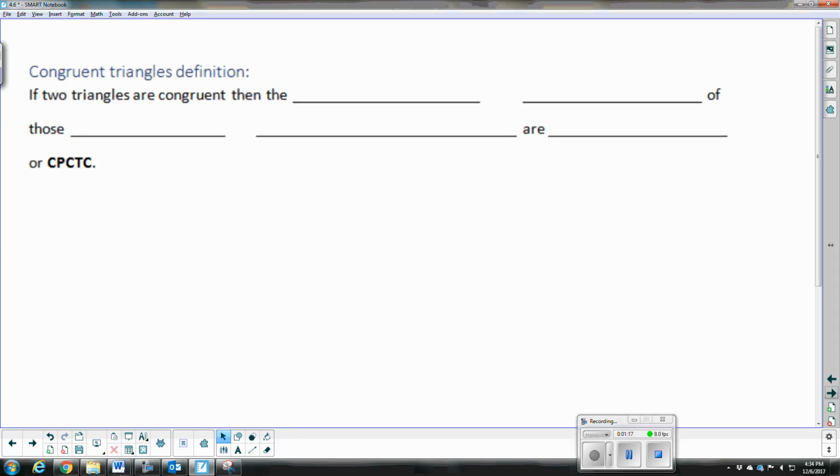Alright, so this conjecture that we have for this lesson stems from the definition of congruent polygons, and you're going to see it abbreviated as CPCTC.